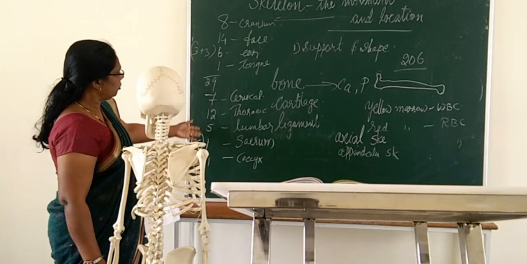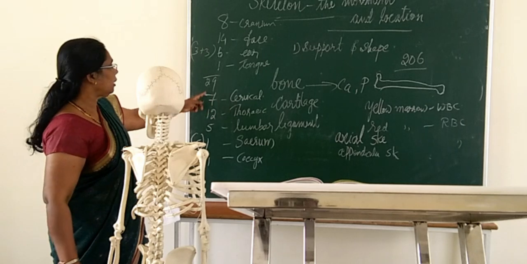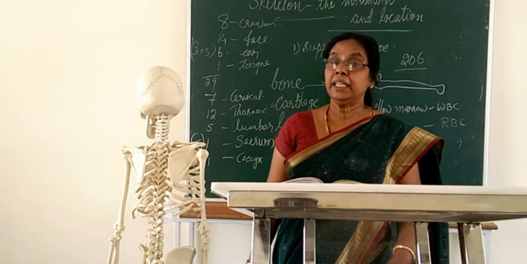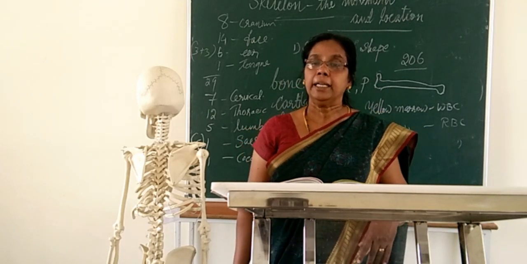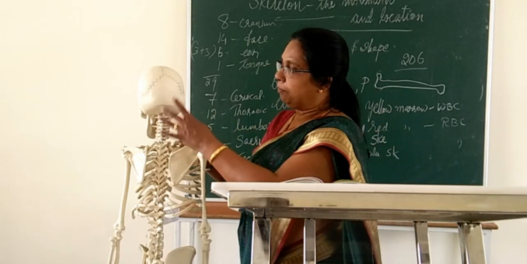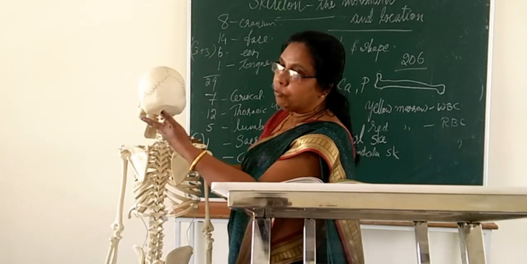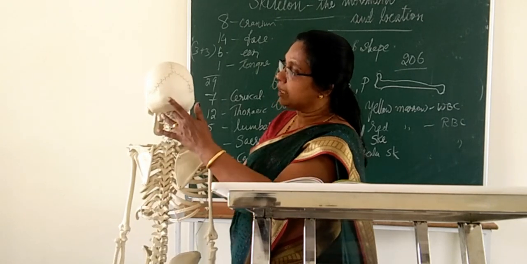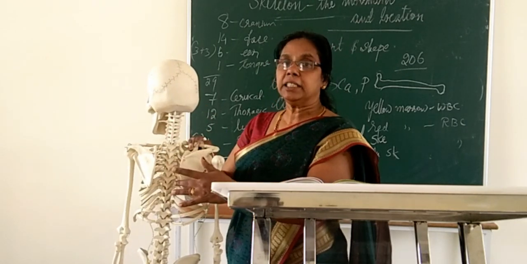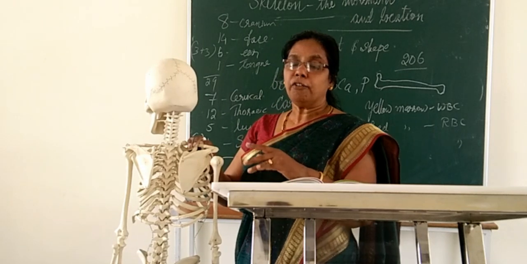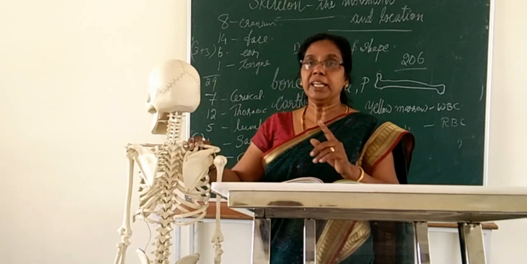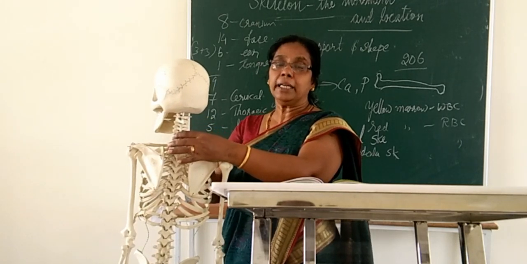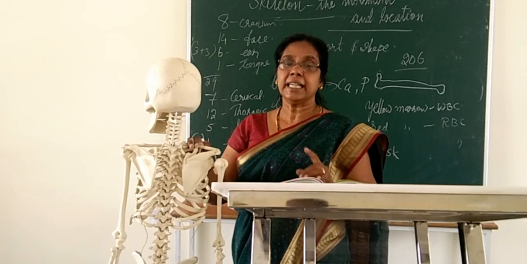So in the vertebral column, the total number of vertebrae you get is 33. According to the position where they are located, these backside bones, otherwise called vertebrae, are divided into 5 groups. First one is called what? Cervical vertebrae, nearly in the neck region. What is the total number? Yes, 7.